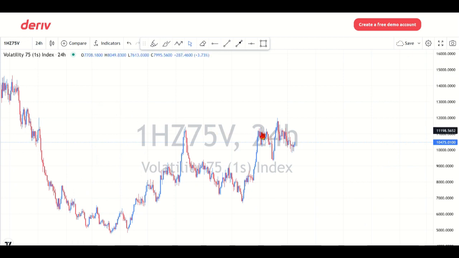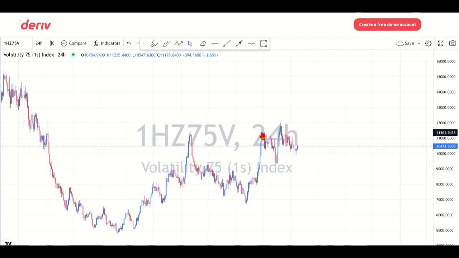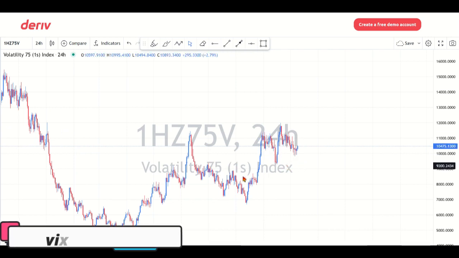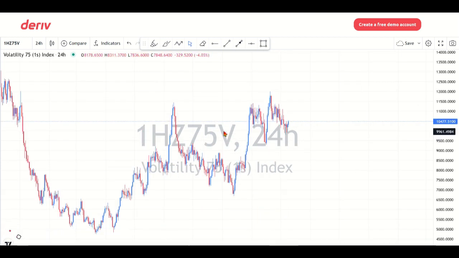Hello guys, this is a quick one on VIX75. As you can see, this is also going to be a straightforward one. You could see this is a bullish pattern. We came back for corrections on the 24 hours time frame, got support, and we cleaned this high. So ideally we are in a bullish trend.